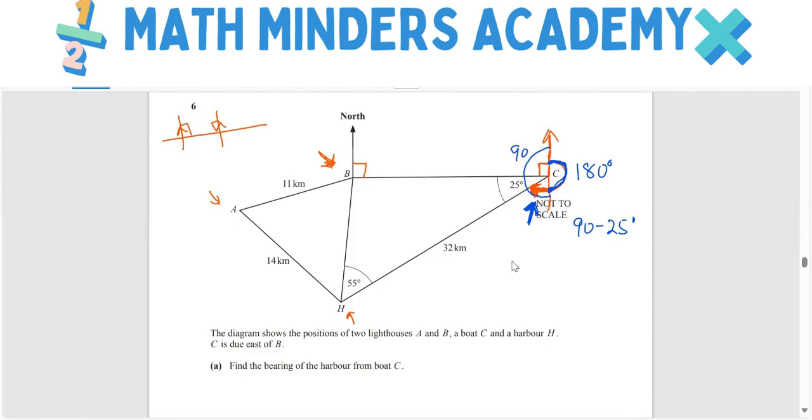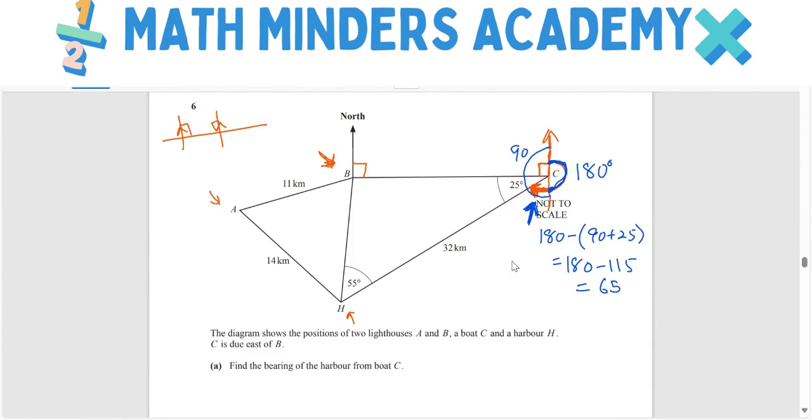So where that arrow is pointing, the size of the angle there is going to be 180 minus 90 plus 25. That is 180 minus 115, and that is going to give us 65. So that angle is 65.